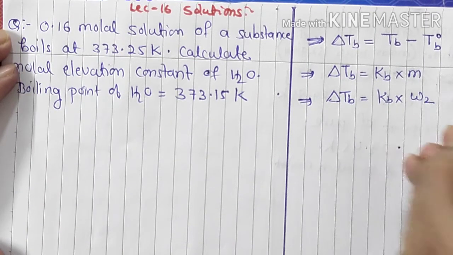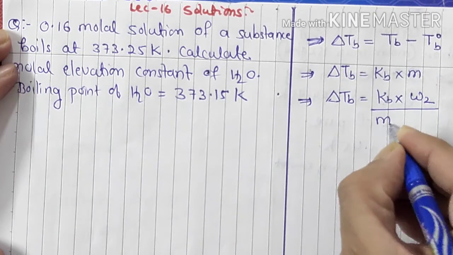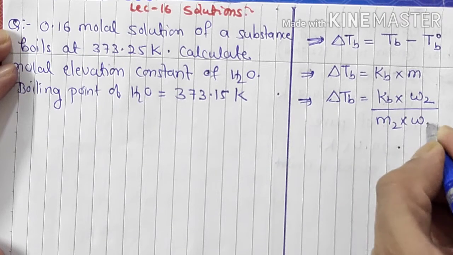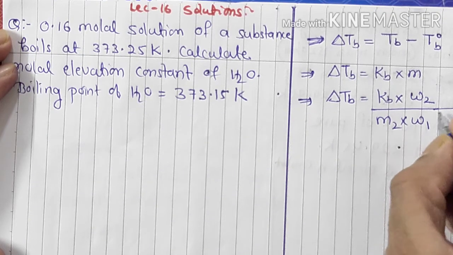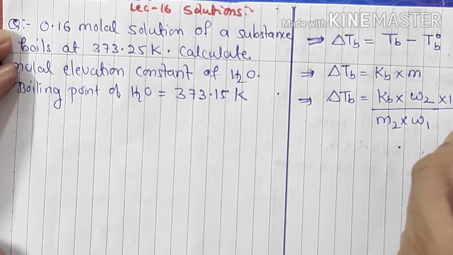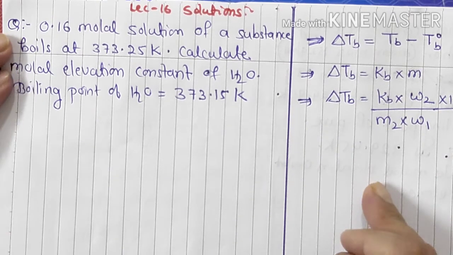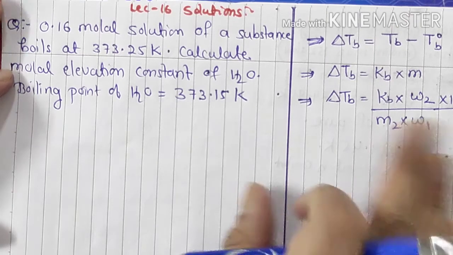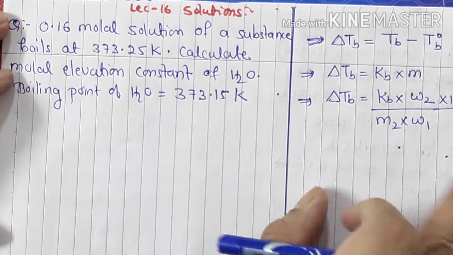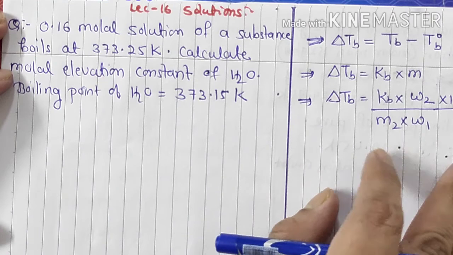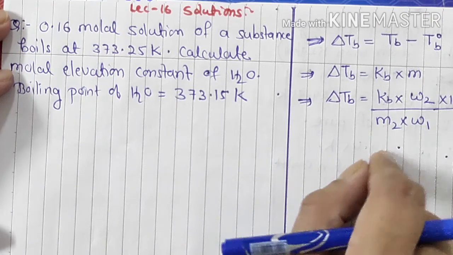Molality is weight of solute upon molecular weight of solute, upon weight of solvent. If this is given in grams, multiply by 1000, right? Student, ये तीन formulas we have already studied, and in today's lecture we'll be solving the problem which will be based on this.